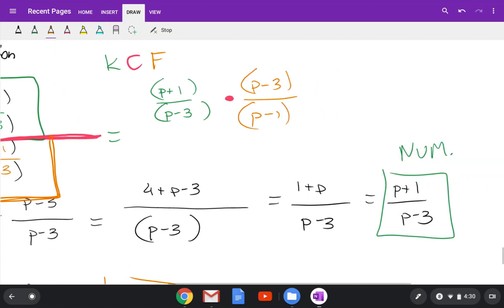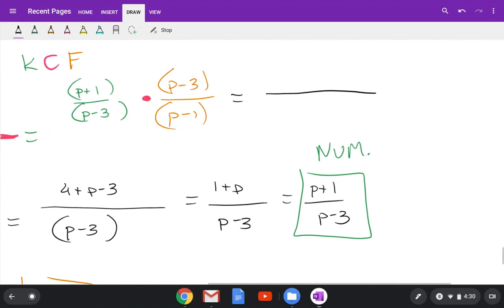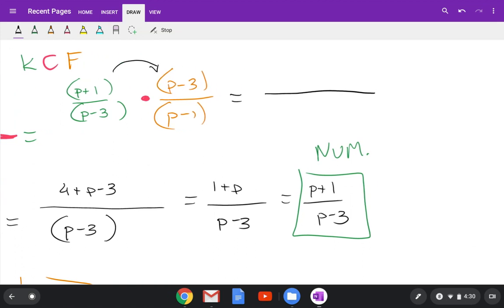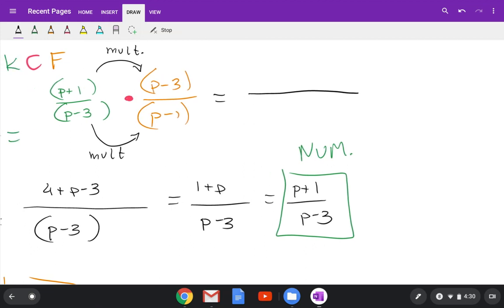And now we multiply fraction by fraction. So this is what we're doing. We multiply numerators together, and we multiply denominators together. Don't distribute, don't FOIL, please don't do that. Just always keep them as factors. So you have p plus 1 times p minus 3 over p minus 3 times p minus 1.